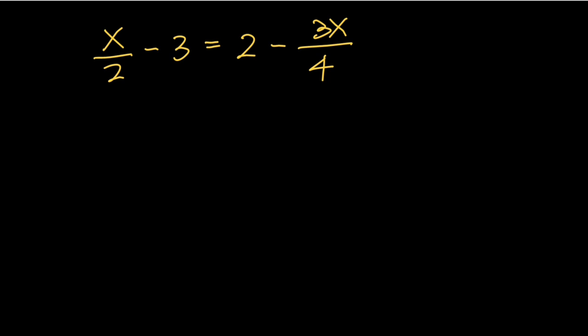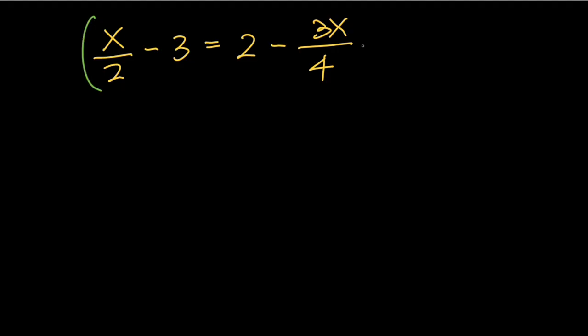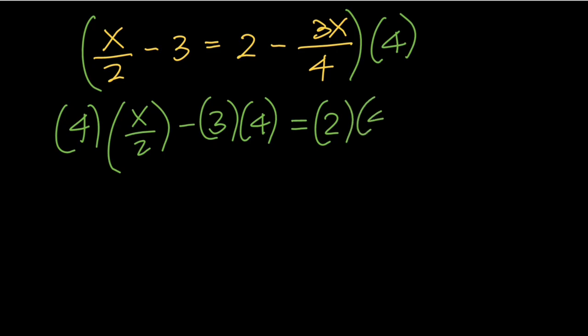Okay, so LCM here is 4. You can multiply both sides by 4. So this would become 4 times x over 2 minus 3 times 4 equals 2 times 4 minus 3x over 4 times 4.